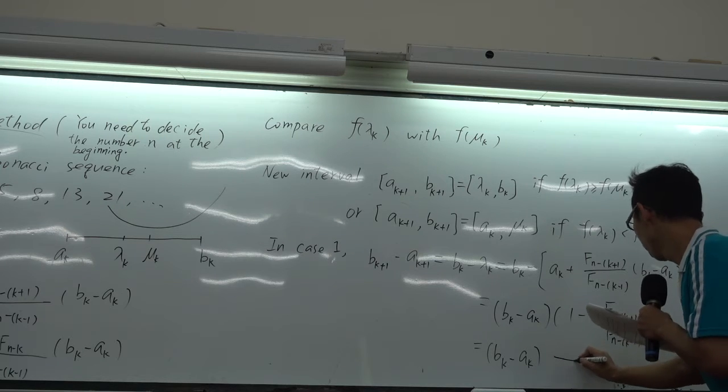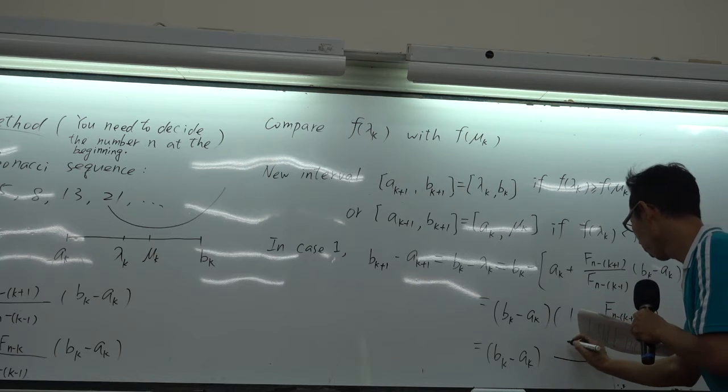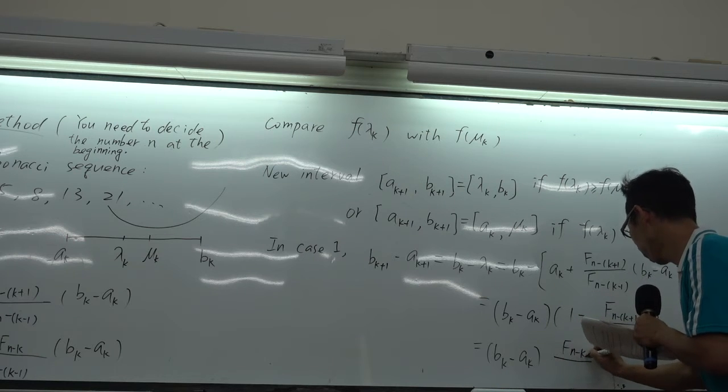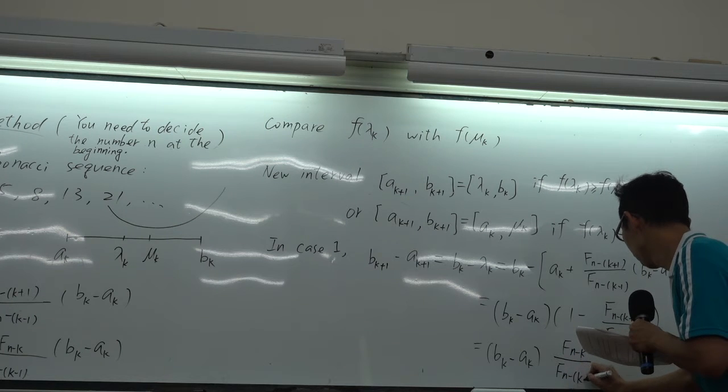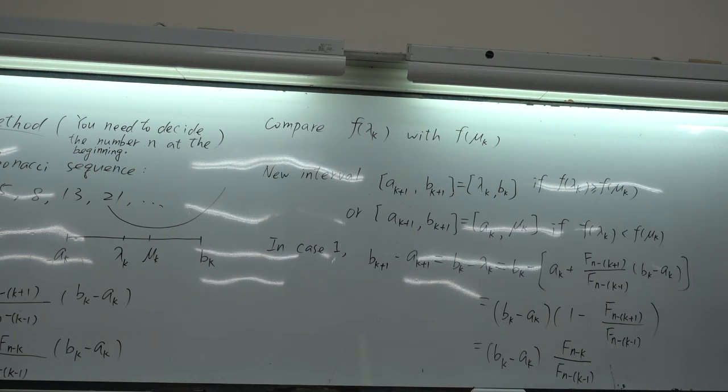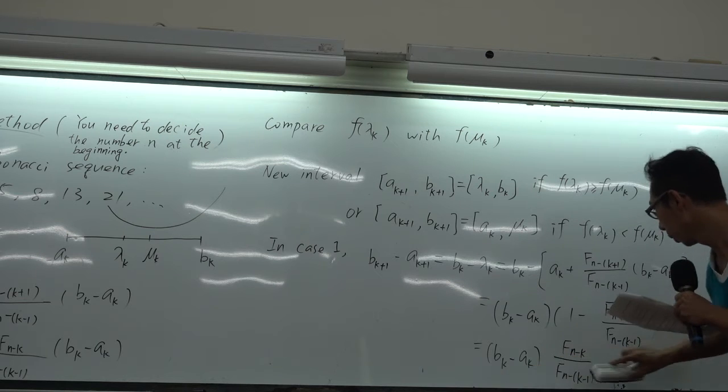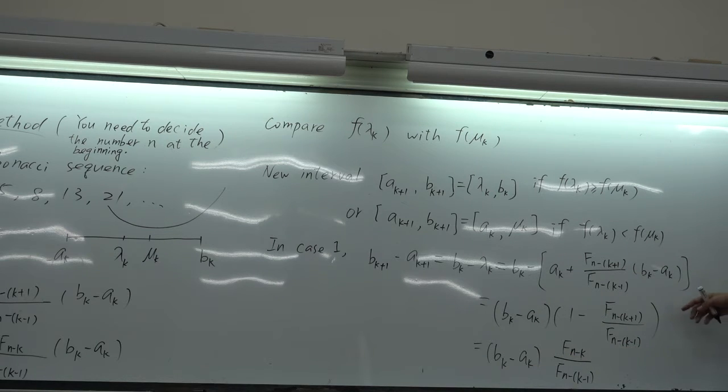So over here, what we have will become F n minus k over F n minus k plus 1. Can you see that? Because the next one is the sum of the previous two, so calculate it yourself, okay? So the middle differs by this F n minus k. Okay, so that's the first case, and we see that we have this kind of ratio.